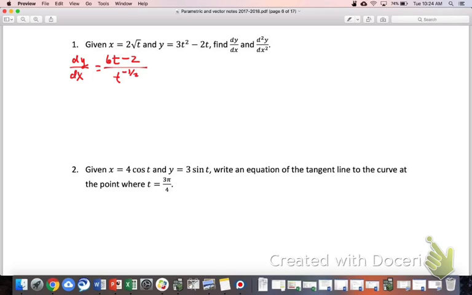Make sense? Okay. And then I know that you don't often have to do this, but I think it's going to be very, very beneficial for you to do this, and that is to simplify. Take just a minute and simplify this out. So this will equal 6t minus 2 times t to the 1/2. And that will give you, of course, 6t to the 3/2 minus 2t to the 1/2.